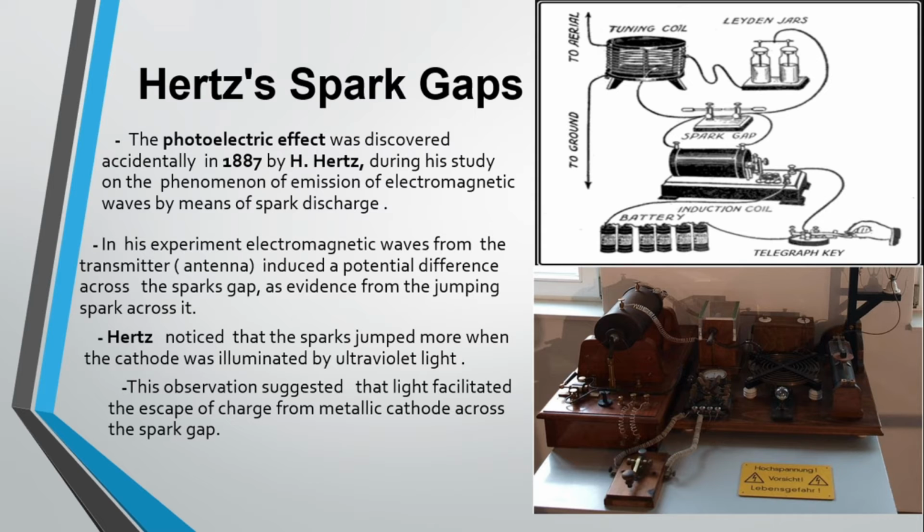As evidenced from the jumping spark across it, Hertz noticed that the spark jumped more when the cathode was illuminated by ultraviolet light. This observation suggested that light facilitated the escape of charge from the cathode across the spark gaps.